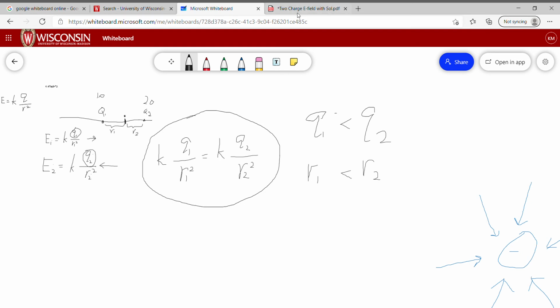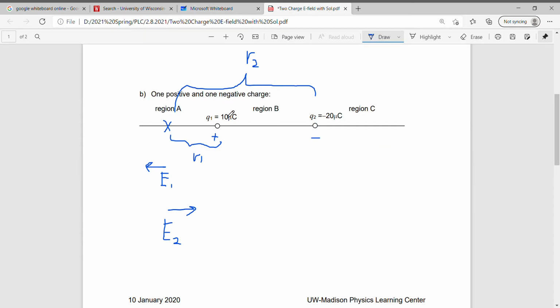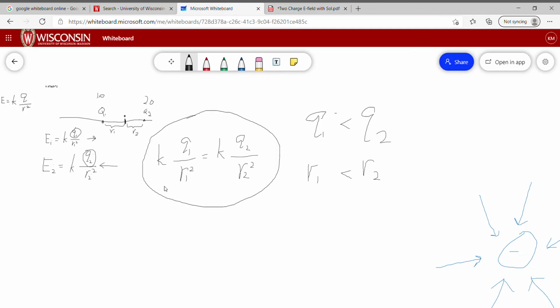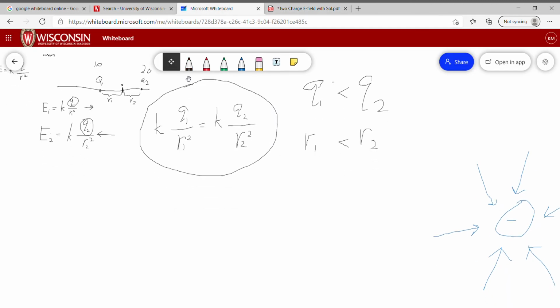If you try to imagine this, R2 is equal to R1 plus the distance in between, D, and this equation changes to K times Q1 over R1 squared equals K times Q2 over R1 plus D squared.